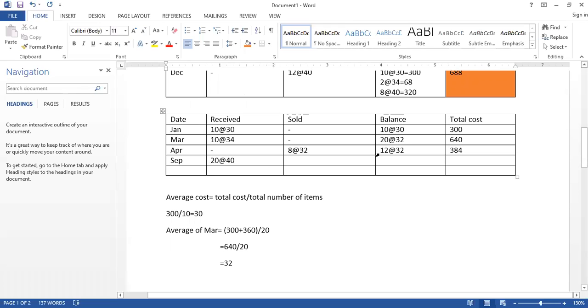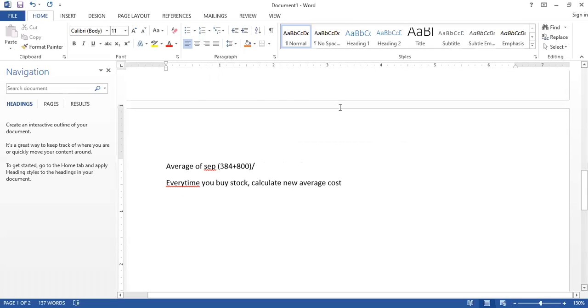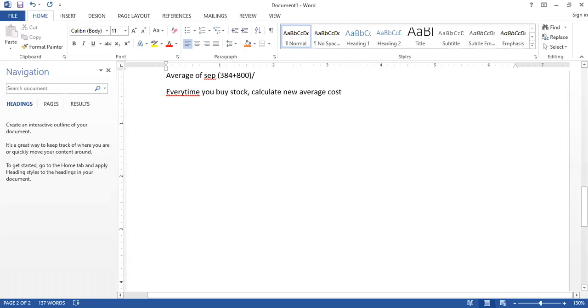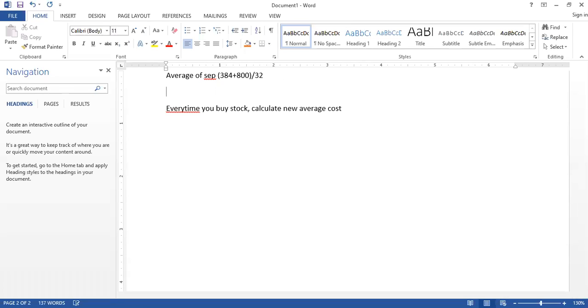So in total we have how many units? We have 32 units. 20 plus 12, we have 32 units in total. So we divide it by 32. So our average will be how much? It will be 1,184. You divide it by 32 units. That will give you how much?